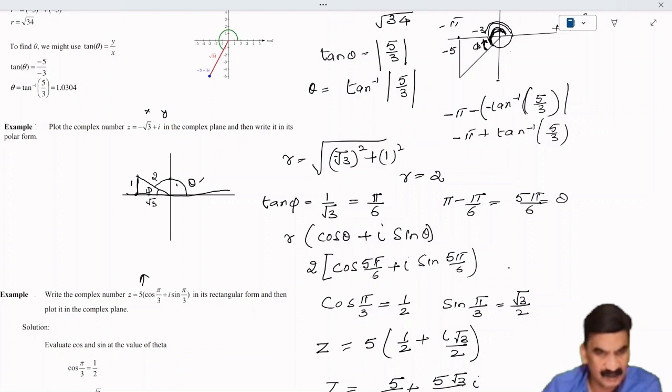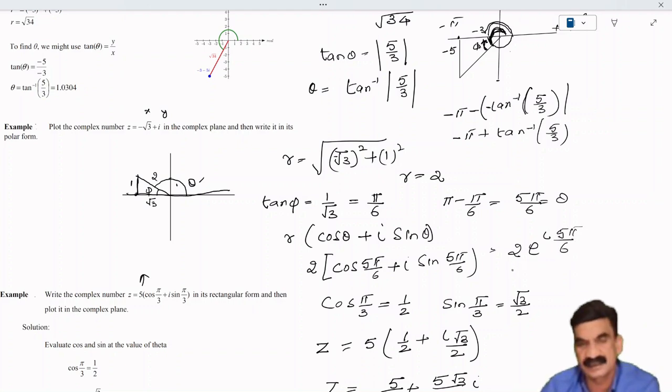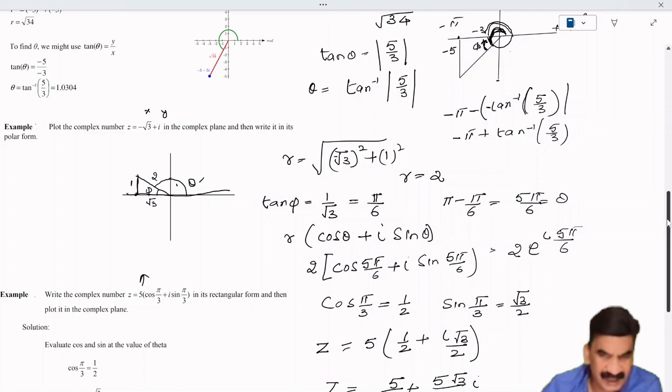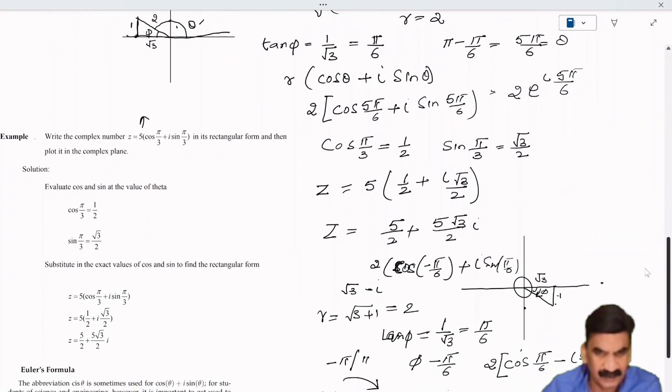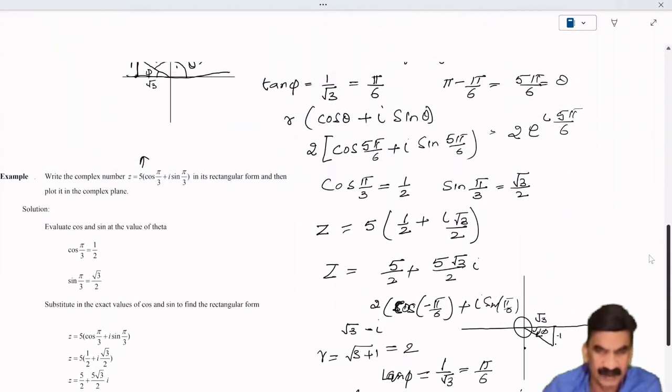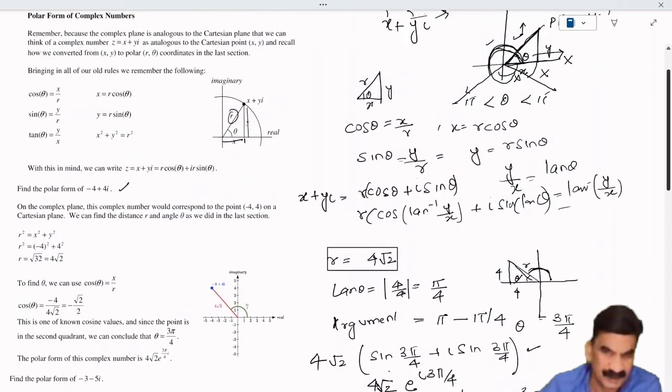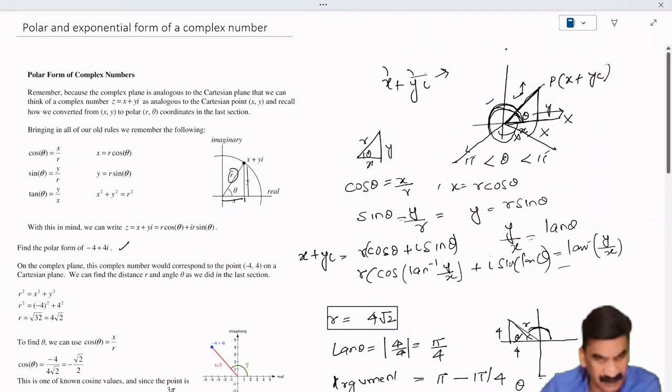This was the number, so I can write it will be 2 e to the i 5 pi by 6. Right? This will help when we talk about the roots of the complex number or roots of unity and so on and so forth. So this was about the representation. I will see you next time.